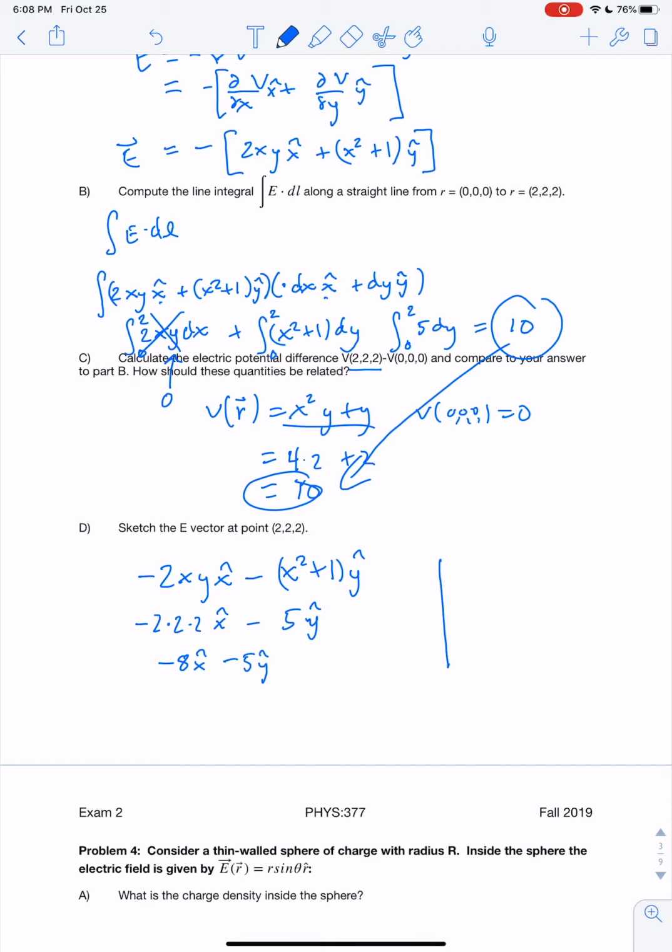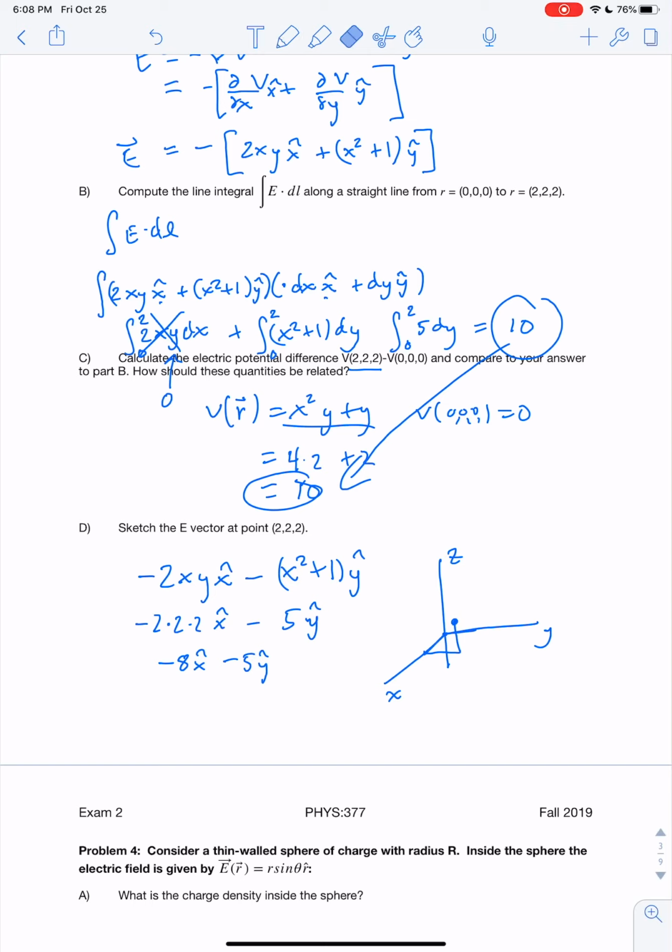So if I draw this coordinate system, then we want to go to the point x equals 2, y equals 2, z equals 2. At that point, if this is x, y, and z, then our vector has the minus 8 x component.